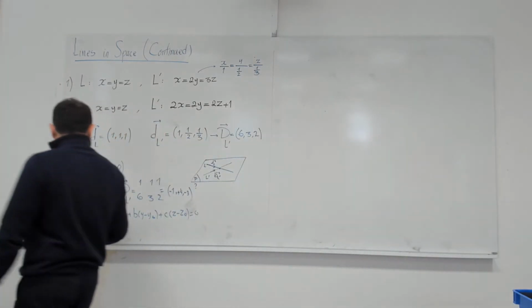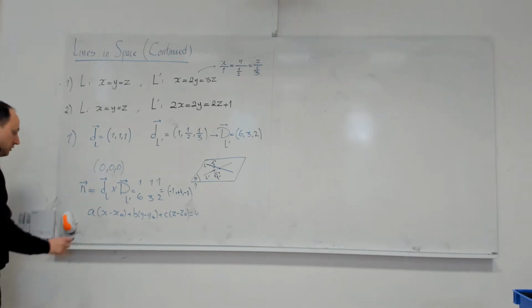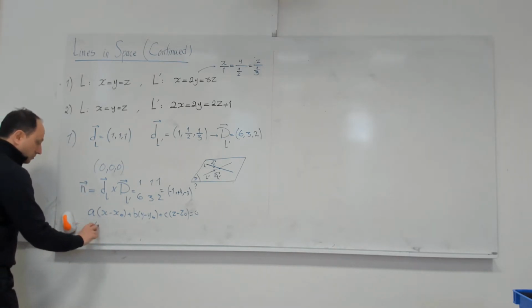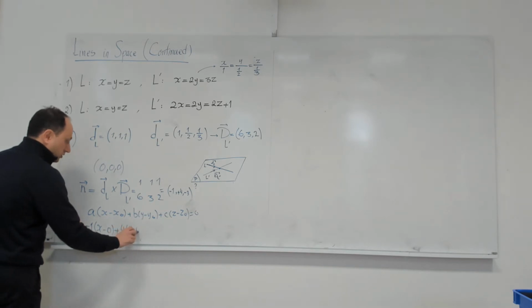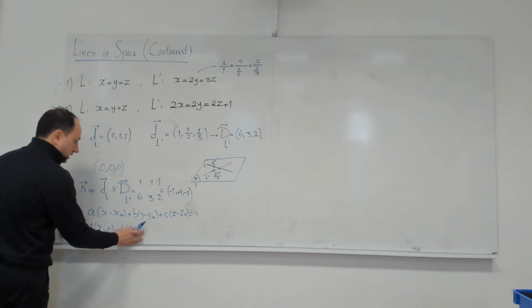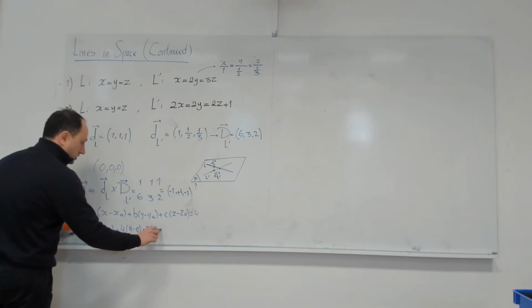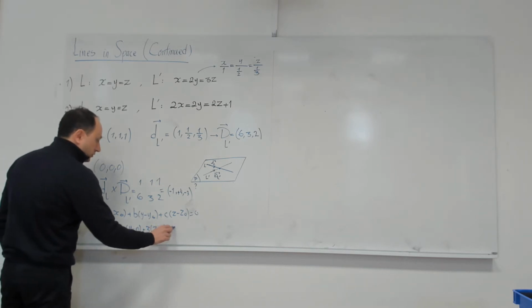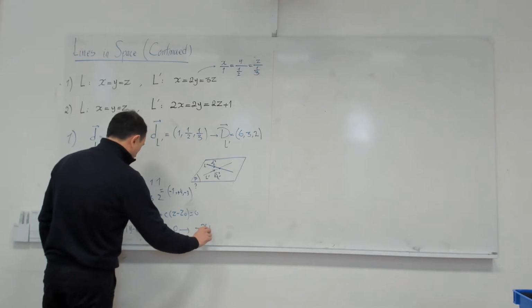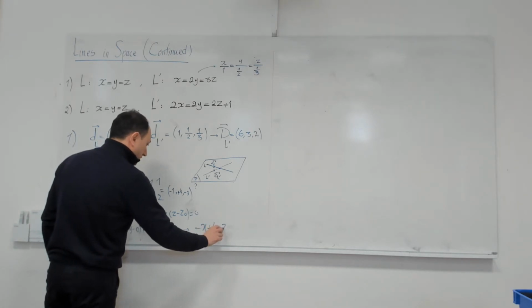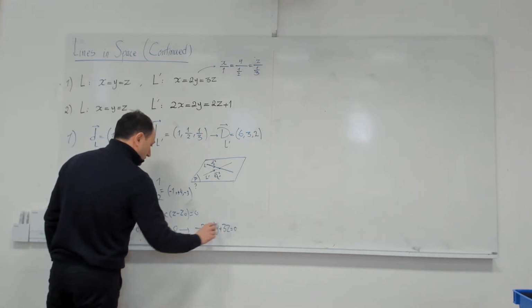Okay, so here, and then instead of a and b and c, we have minus 1 times x minus 0, plus 4 times y minus 0, plus minus 3 times z minus 0 equals 0, then I will get this equation. So it becomes minus x plus 4y plus 3z equals 0.